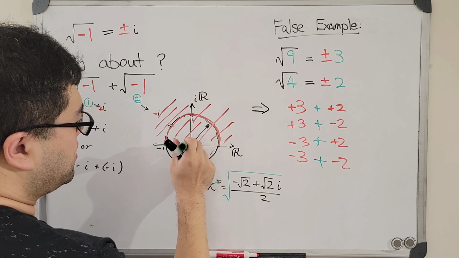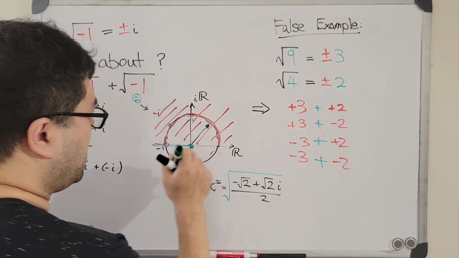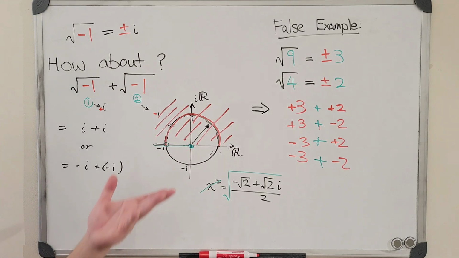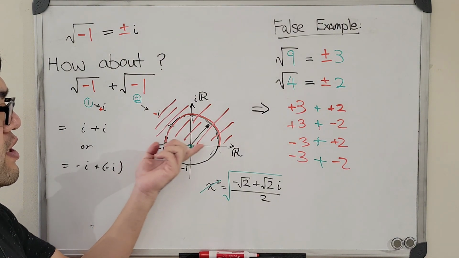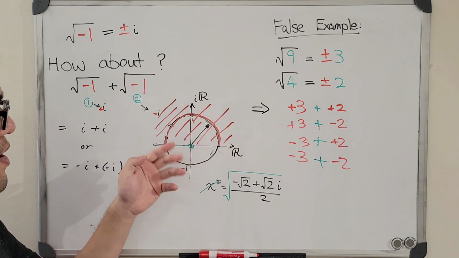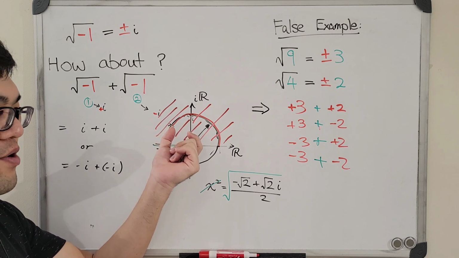This part here, the negative real line, is our branch cut, and we also use this upper half plane without the negative real line to be our principal value.